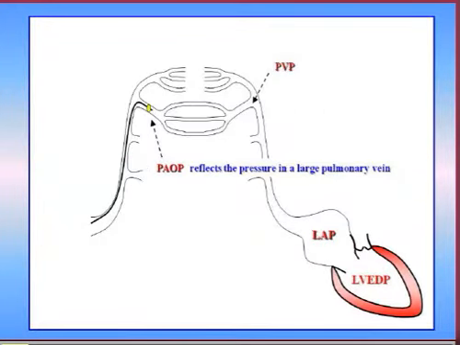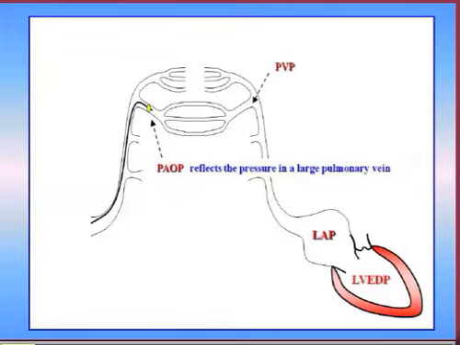Remember that the wedge pressure is the pressure obtained after inflating the balloon of the pulmonary artery catheter. And when you inflate a balloon, you occlude all the vascular segments just downstream to the tip of the catheter.